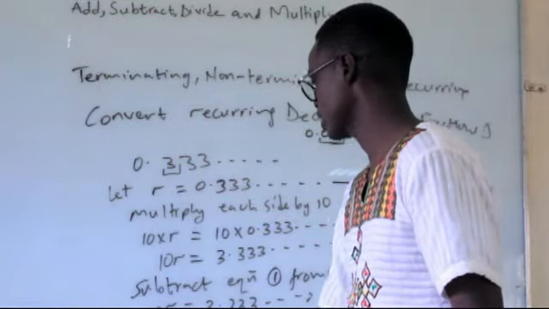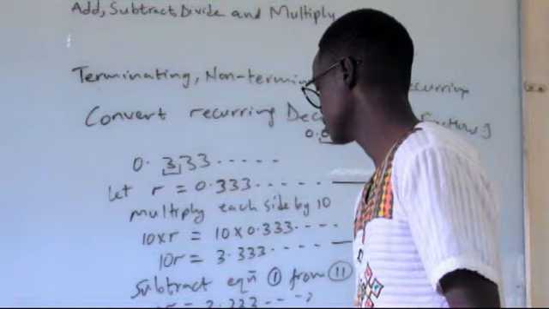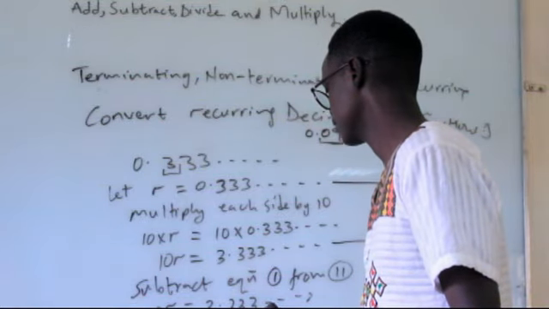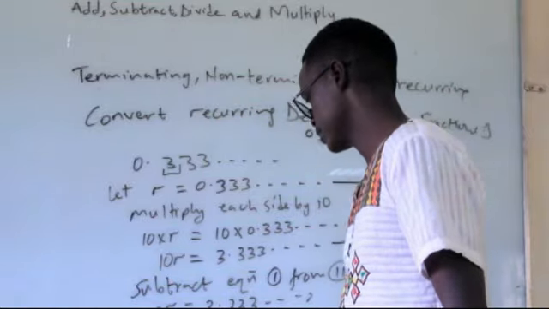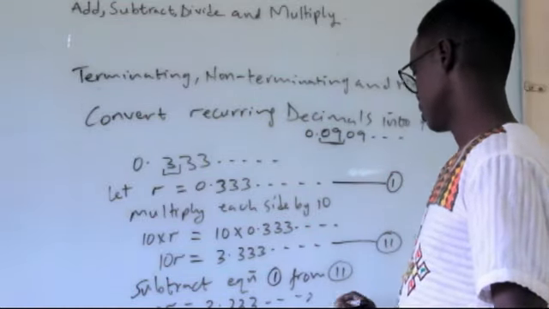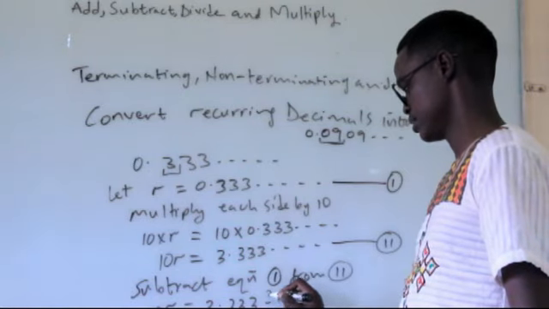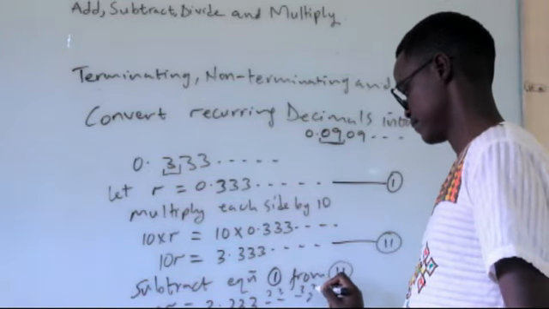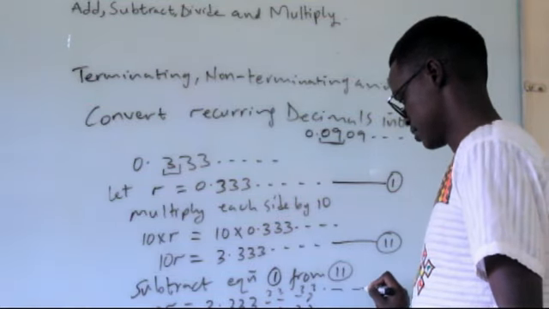So we subtract off r equals 0.333 and the values. So what do we get? Remember, all these values are 3: 3, 3, 3, 3, 3, 3, 3, 3, etc.